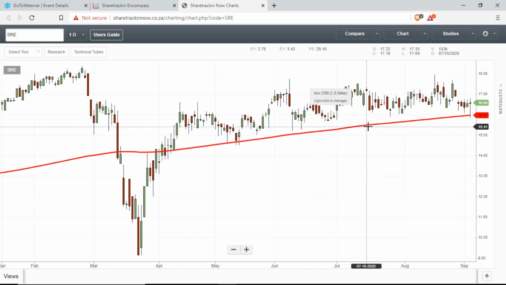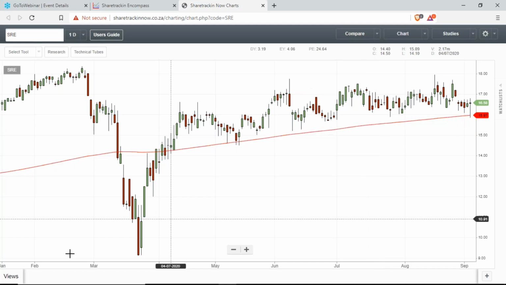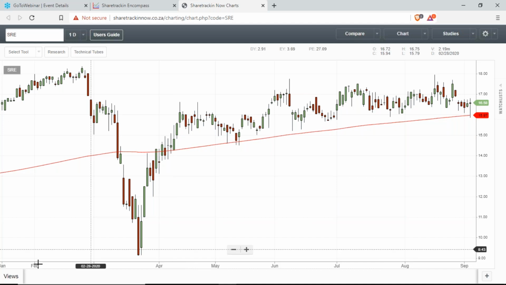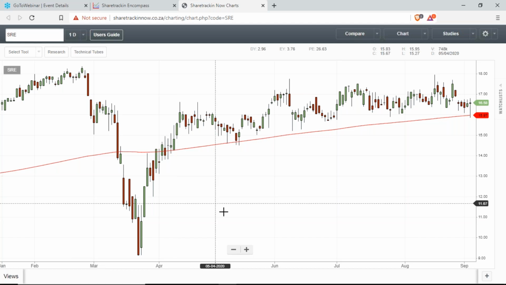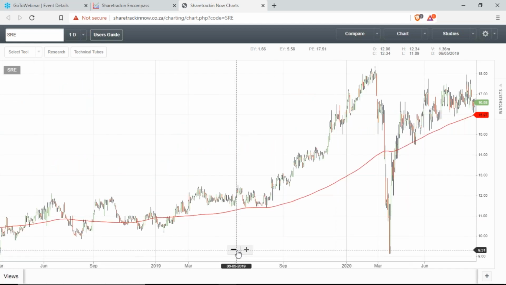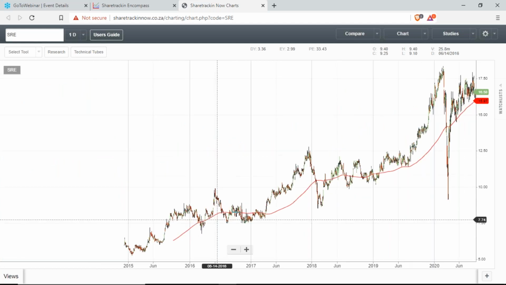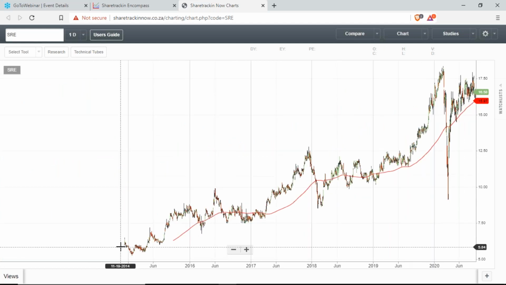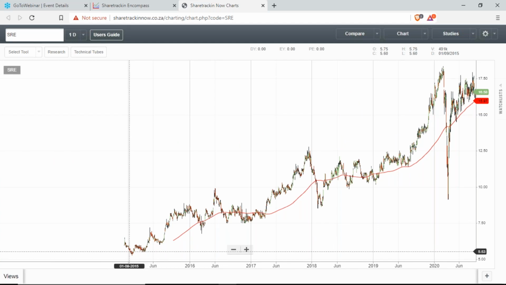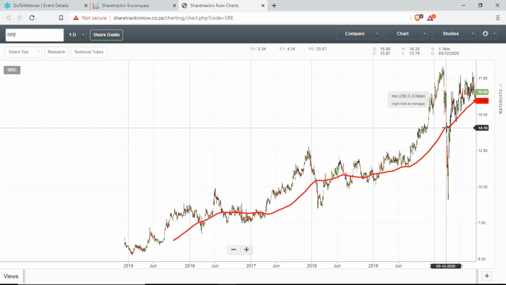If I look at my moving average, it's going up constantly ever since January this year. But if I go back, I can see that this share has been doing good ever since it was listed in 2014. It had a bit of a knock, but then in 2015, it started climbing all the way. And you see your moving average smooths out to show you a more constant growth.